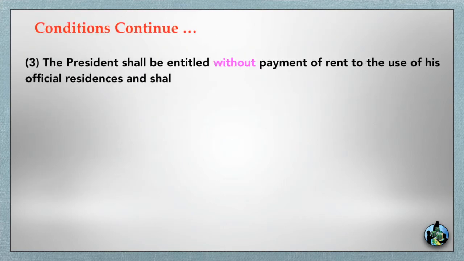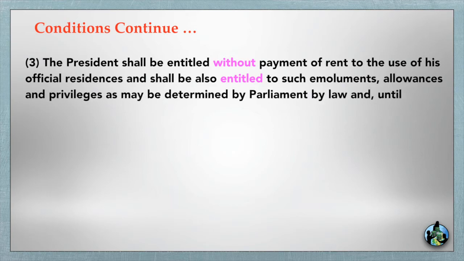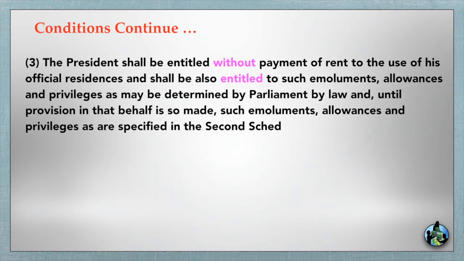Next, the President shall be entitled without payment of rent to the use of his official residences, and shall be also entitled to such emoluments, allowances, and privileges as may be determined by Parliament by law, and until provision in that behalf is so made, such emoluments, allowances, and privileges as are specified in the second schedule.